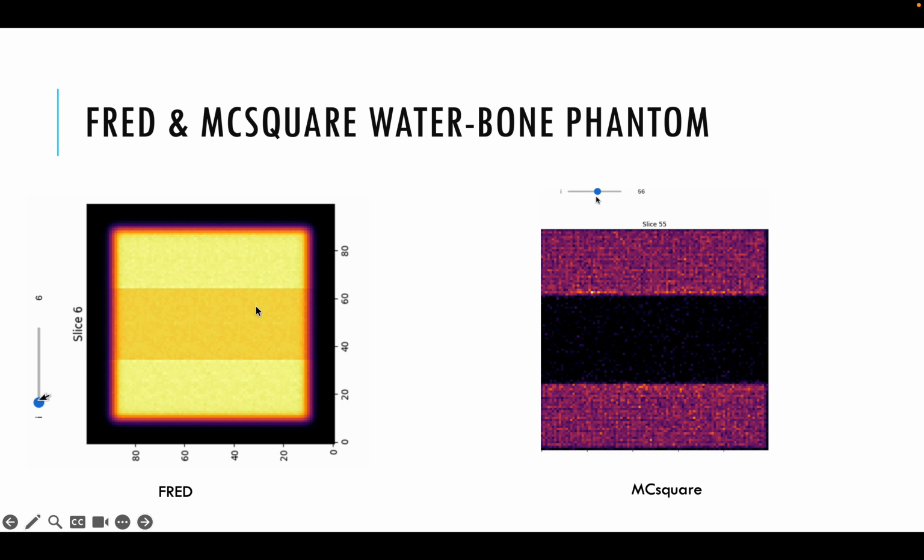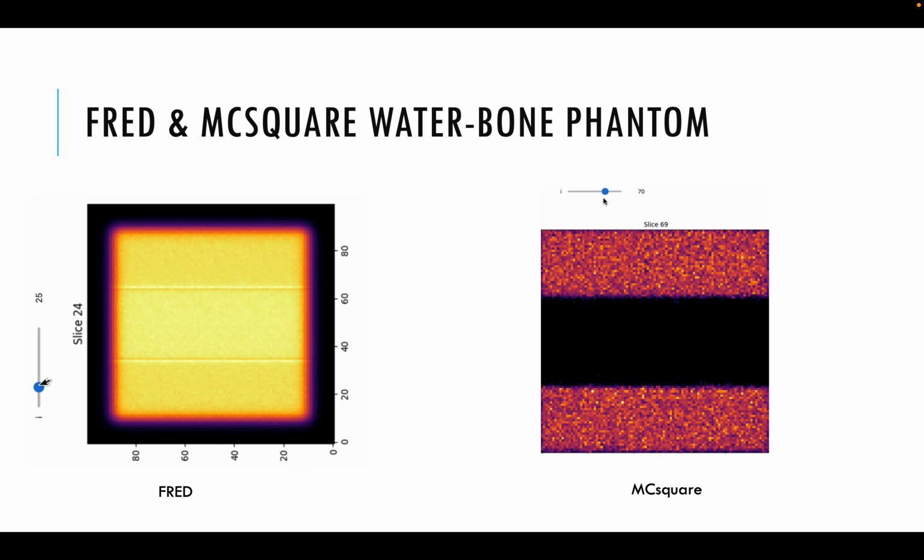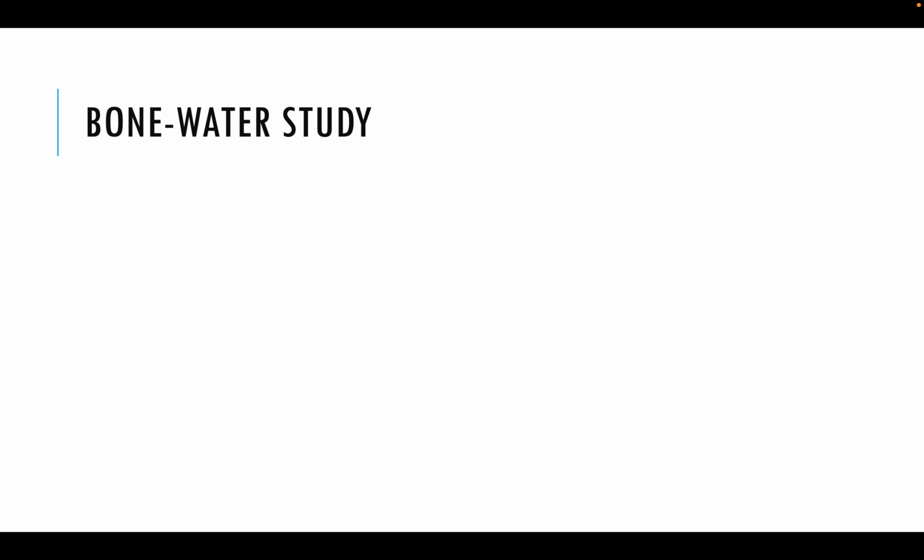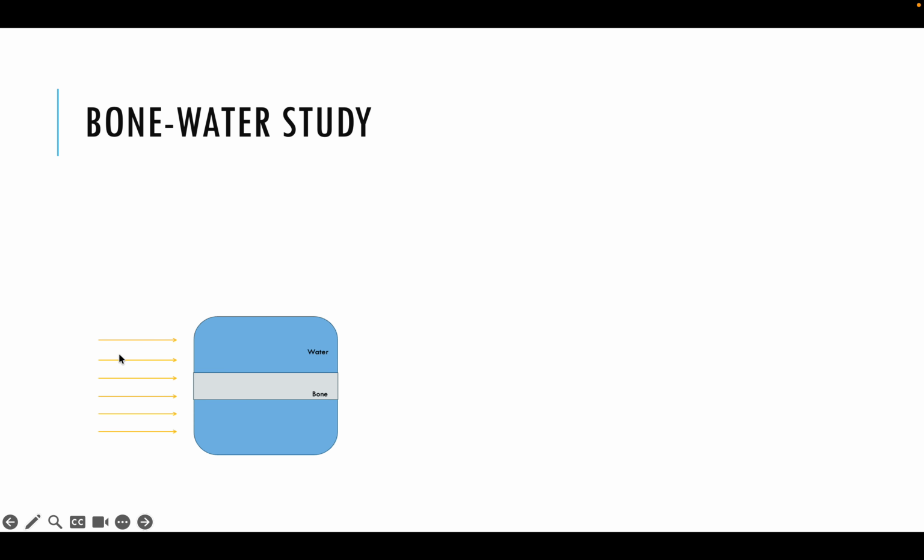So let's study the characteristics. Here is my water and bone, and there are my proton beams coming, in a 40 by 40 grid size, that is 1600 proton beamlets.